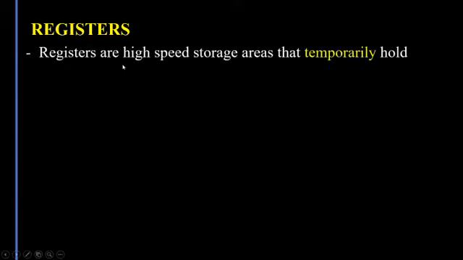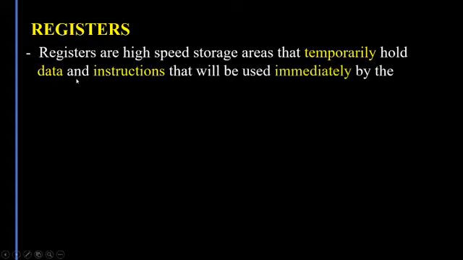Registers are high speed storage areas that temporarily hold data and instructions that will be used immediately by the CPU.